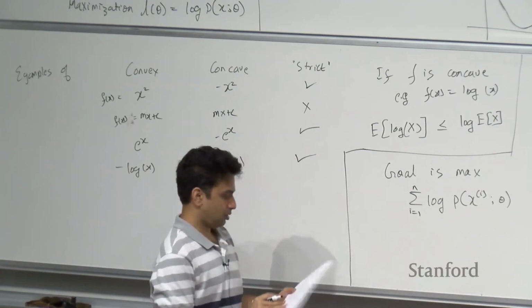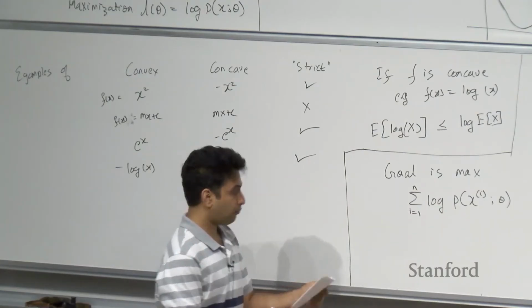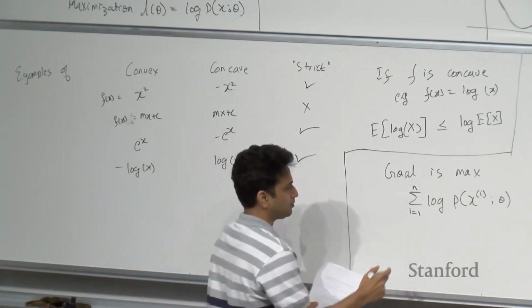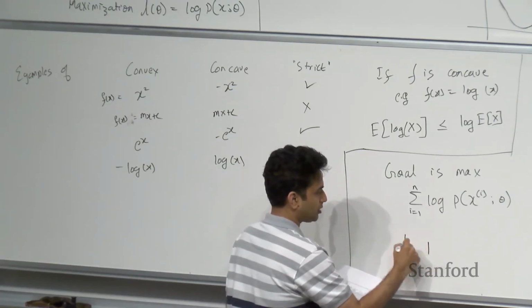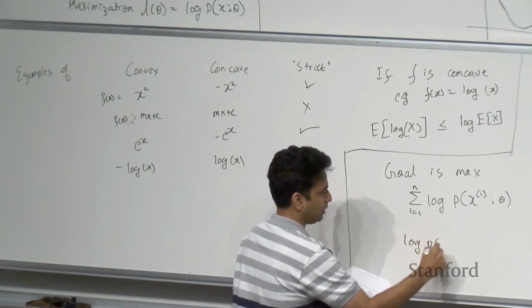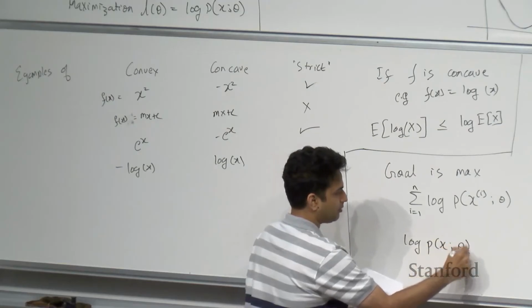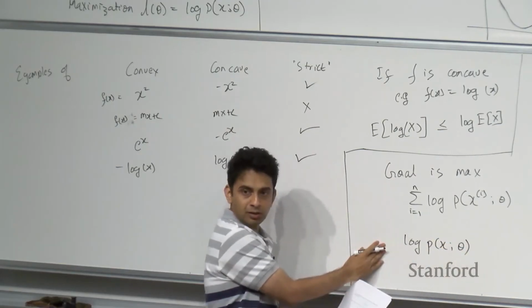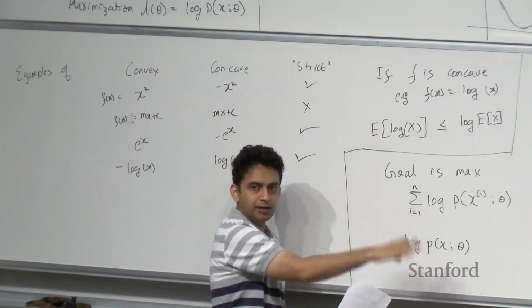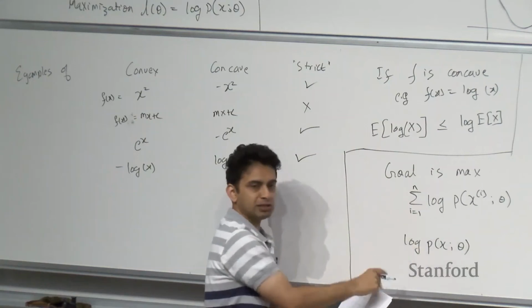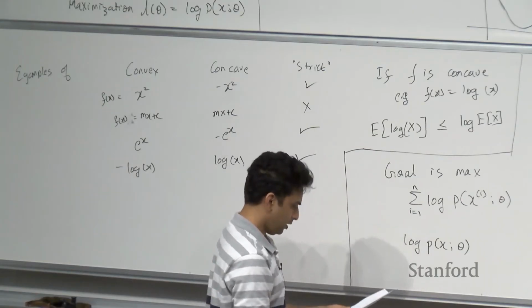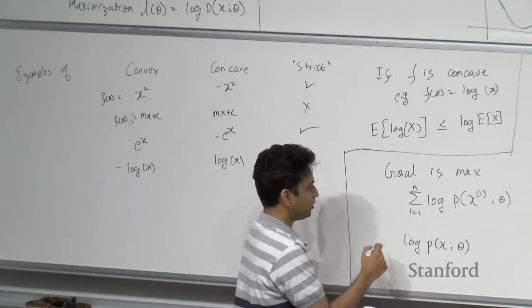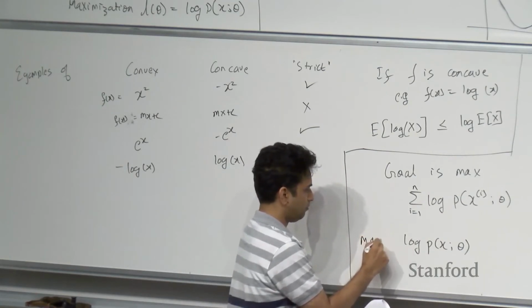And now, for the derivation, I'm going to assume one example. So I'm just going to write it as log p of x comma theta, and I'm going to leave the summation out. But the entire derivation that we are going to do, you can include the summation and everything will hold. This is just to simplify notation. So log p of x, we want to maximize this.